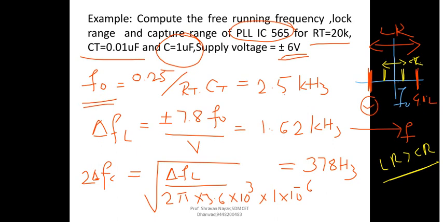Basically this IC 565 is one of such ICs which is called the PLL IC. This is also one of the analog building blocks similar to what we have seen in the case of the IC 555 timer. And how exactly does IC 565 operate? What is the significance of RT, CT, and the voltage?